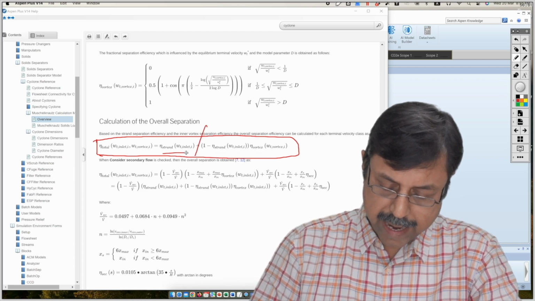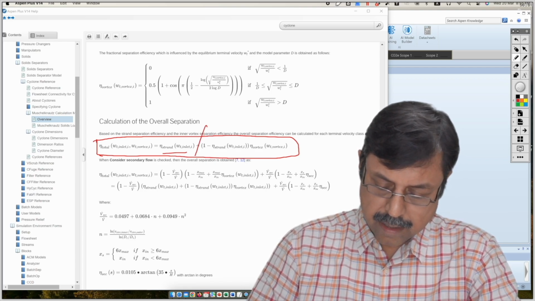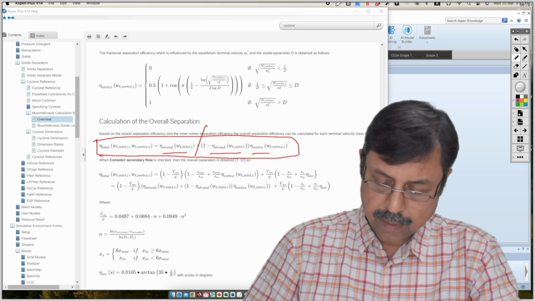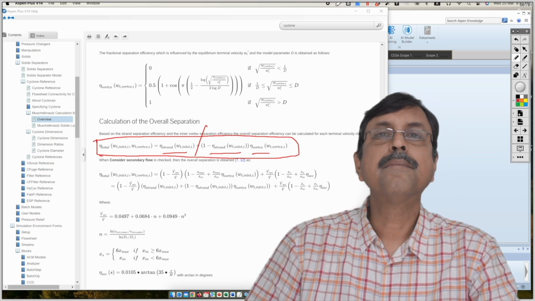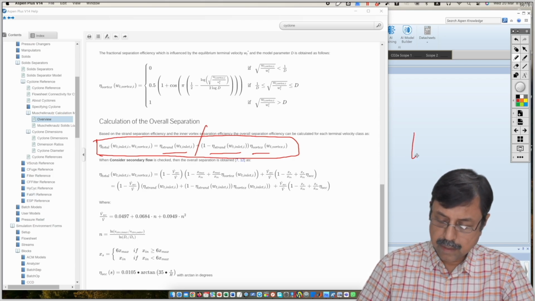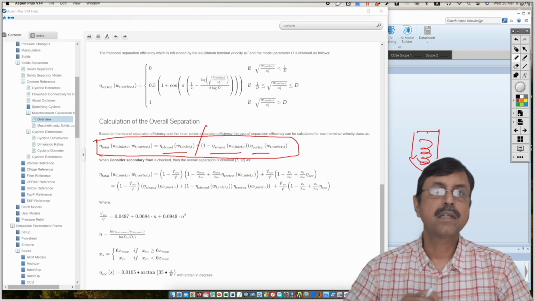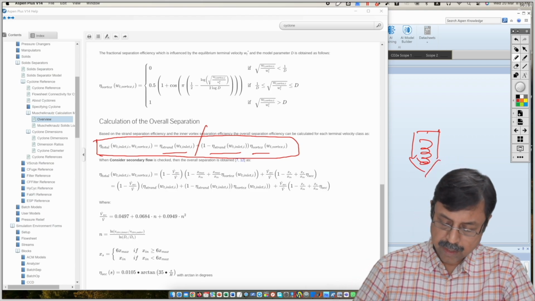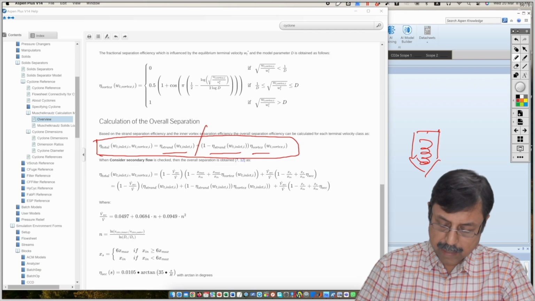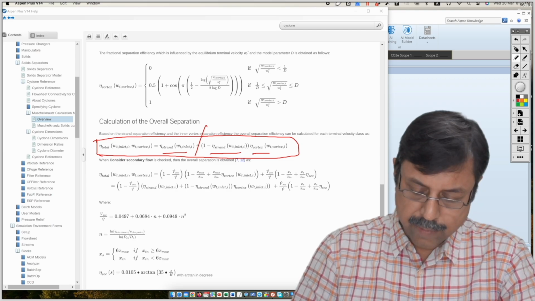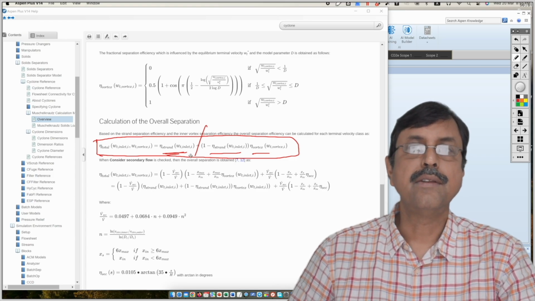One is strand efficiency and the other is 1 minus strand efficiency into efficiency of vortex. Vortex, you know what we just now discussed. Vortex is, it creates a vortex when the gas comes with a high velocity. So the efficiency of vortex multiplied by 1 minus strand efficiency, that you add with strand efficiency.